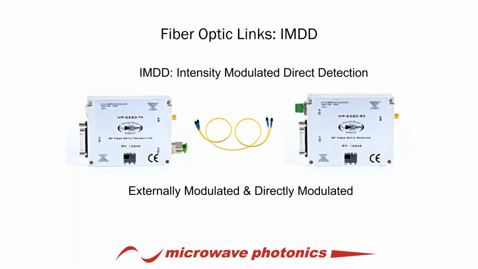The trade-off is that if you're working with signals below 20 gigahertz, you're typically limited in performance to sticking with a directly modulated system. When you start to go out beyond 20 gigahertz, you are now considering an externally modulated system, which does increase size, weight, and power consumption.